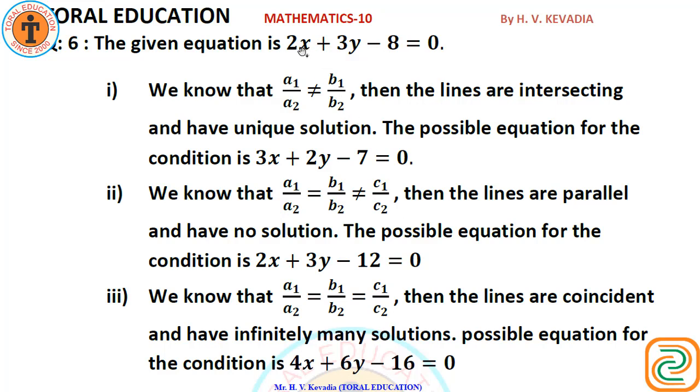Look at this. a1 is 2, a2 is 4, 2 upon 4 is 1 upon 2. b1 is 3, b2 is 6, so b1 upon b2 is 3 upon 6, that is 1 upon 2. c1 is minus 8 and c2 is minus 16. So minus 8 upon minus 16 is 1 upon 2. So we have got this condition.